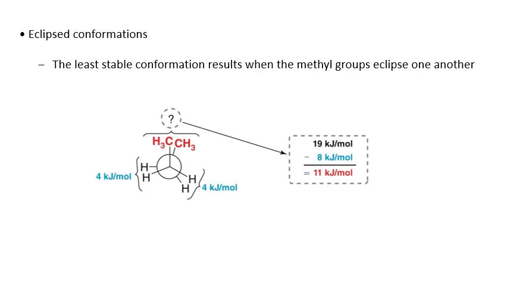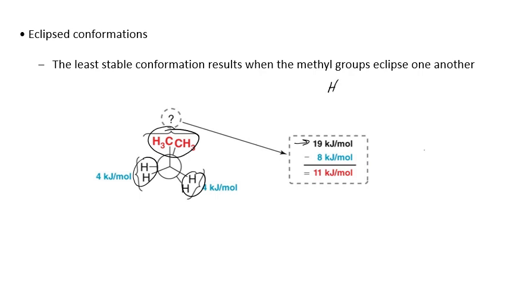So our eclipsed conformation, again, like we stated before, is the least stable. The cost of a hydrogen-hydrogen eclipsing interaction, if you remember, was 4. And the total cost for the highest eclipsing interaction was 19 kilojoules per mole. So that methyl-methyl eclipsing interaction is worth 11 versus the 6 kilojoules per mole for a methyl-hydrogen.